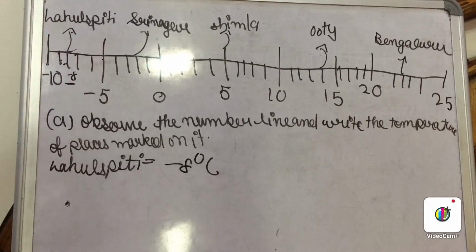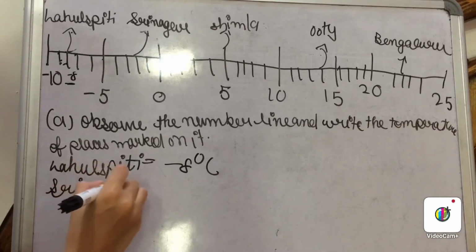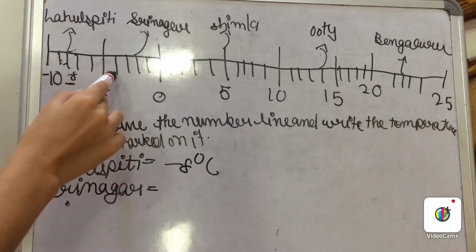Now our next place is Srinagar. Let us write here Srinagar. Now let us count between -5 and 0 and take a look at what the temperature at Srinagar is. Here -5 is marked.